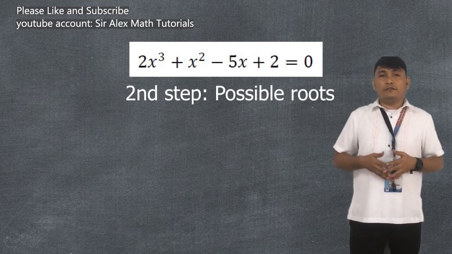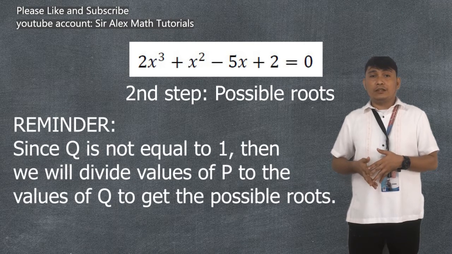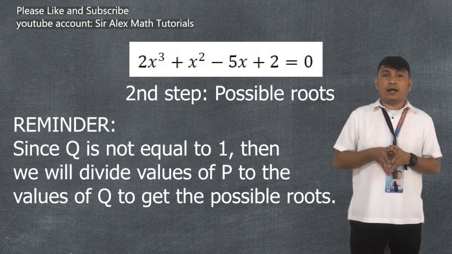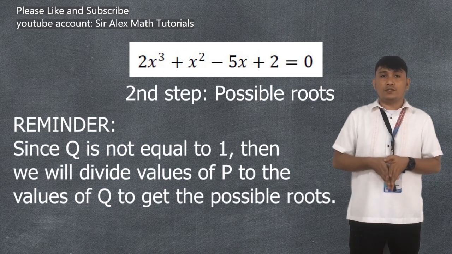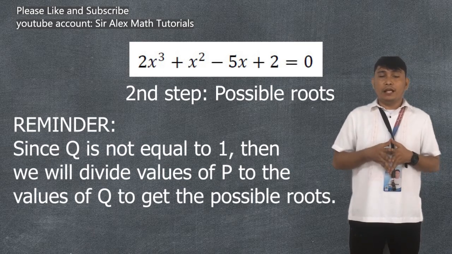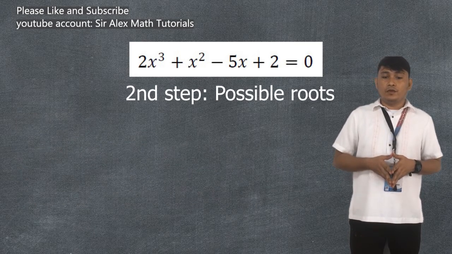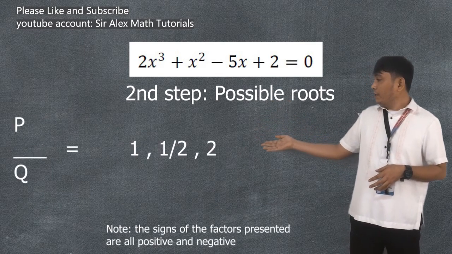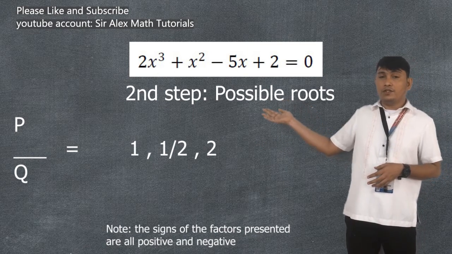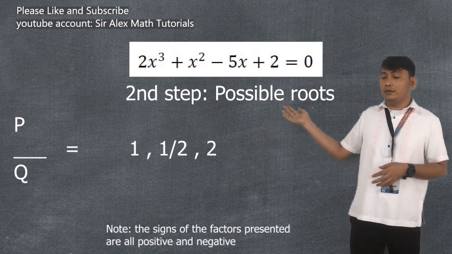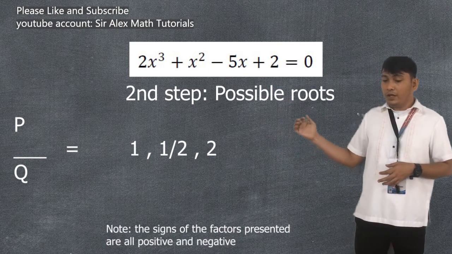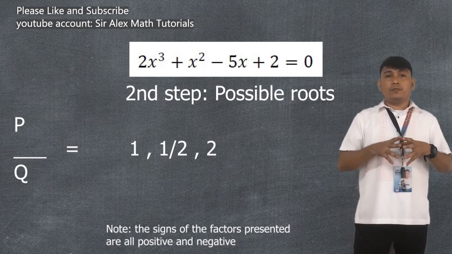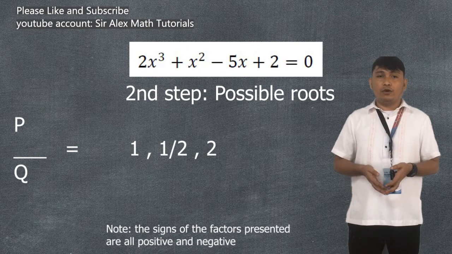So we will now be dividing the values of p by the values of q, so that we can get the possible roots of our polynomial equation. So here we can get the values of p over q, which are positive negative 1, positive negative 1/2, and positive negative 2. And from those possible roots, we can find our roots.